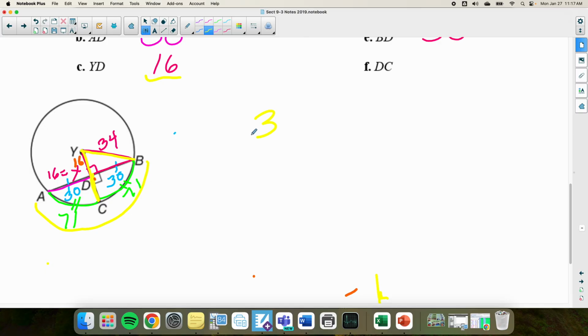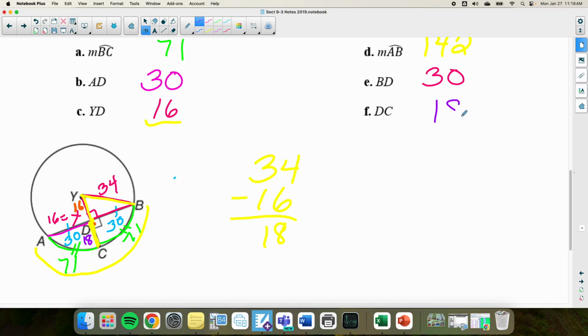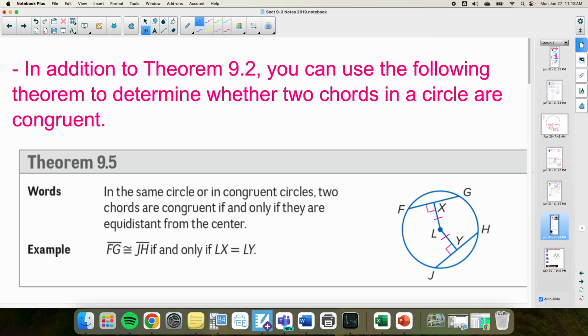And 34 minus 16 is 18. So this little thing right there is 18. It's not 16. Do you guys all understand why? Okay, so that is 18. So try to remember that for your next quiz.